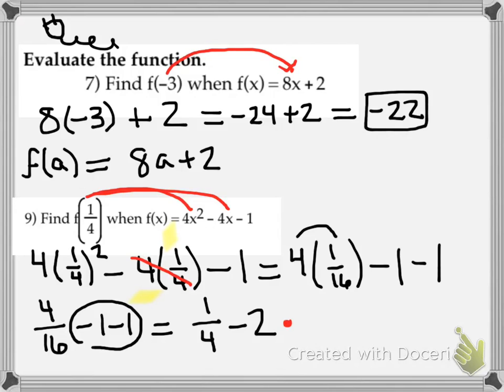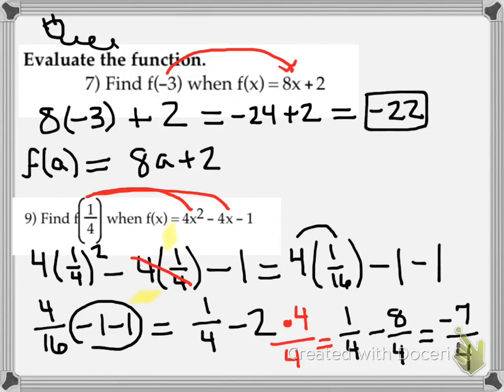If I multiply it by a common denominator, in this case 4/4, well, that gives me 1/4 minus 8/4. Alright? 1/4 minus 8/4, which is what? Negative 7/4. My final answer.